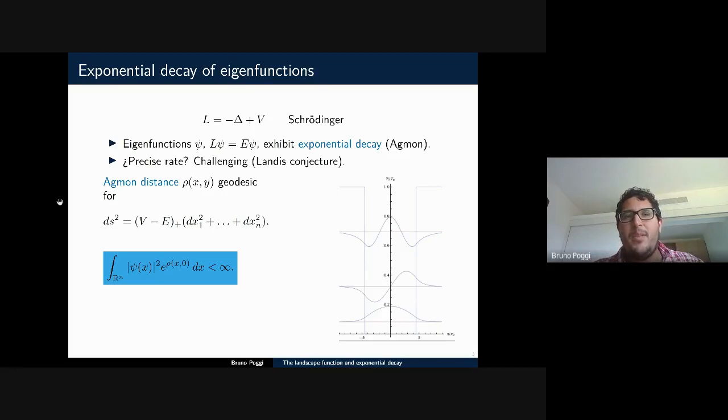So rho is not distance in the Euclidean sense, but rather distance with this weight, and with this weight he is able to obtain this exponential decay estimate. Now, the precise rate of decay of solutions is a very challenging problem, related to the Landis conjecture about the unique continuation of solutions. So these questions of exponential decay do not only have to do with physics, but also deeply with mathematics.